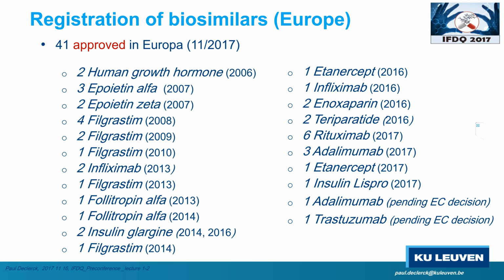For instance, for the 6 rituximab, these are actually 4 products that are exactly the same. These are all biosimilars, but the same biosimilar from the same manufacturer, marketed under 4 different trade names. And the other 2 are again from another manufacturer, but again 2 identical processes, which will lead to some complications when implementing biosimilars and when discussing switching or interchangeability issues under certain conditions.